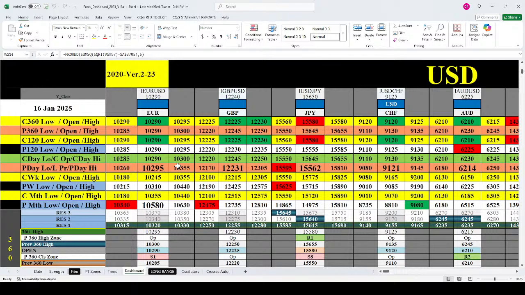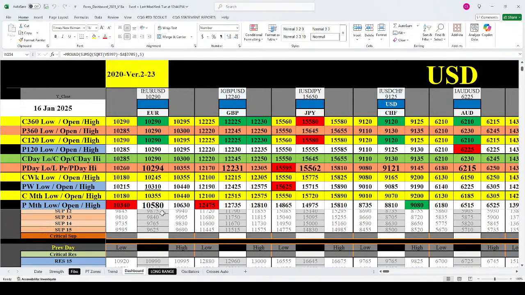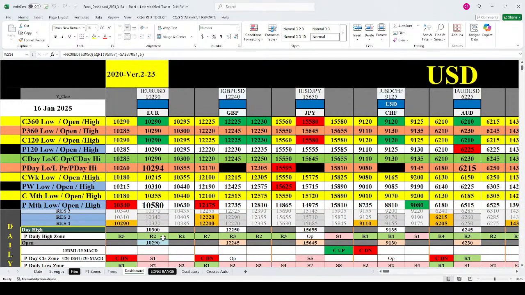Now the key levels to take note of are 103.40 and 103.60, which is your current week high. If these two levels can break, then we may have seen a temporary base on the euro, and we expect the price to move higher towards 104.40. That's the next key level we need to pay attention to.